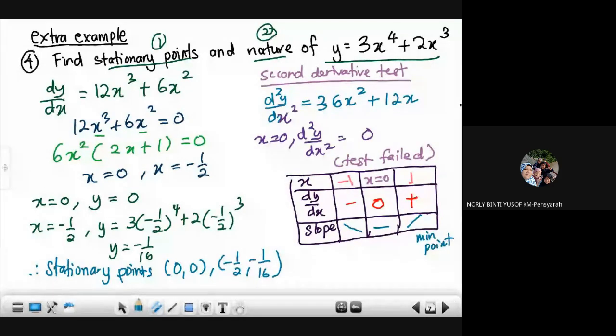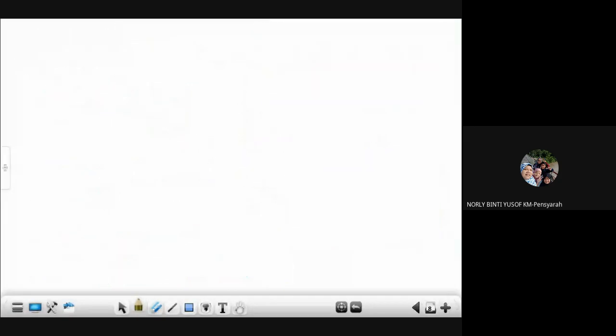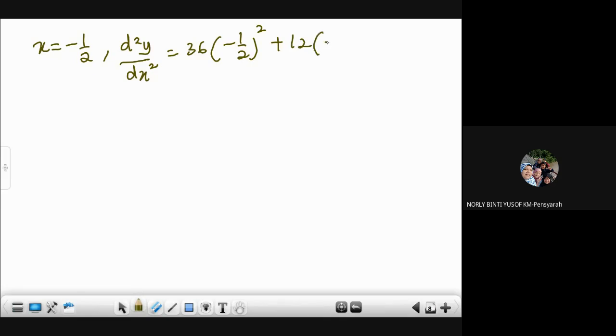Okay, belum habis sebab ada satu point. Point tu kita nak tengok kita fail lagi ke test macam tadi. So kita tengok pada titik x equals to negative half. Masukkan dalam second order, 36 negative half squared plus 12 negative half. Bila you masuk dalam calculator, you will obtain 3.